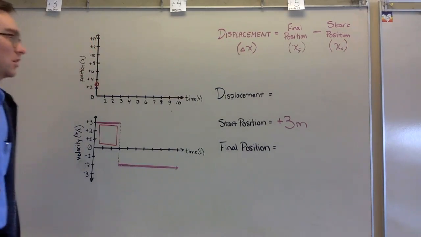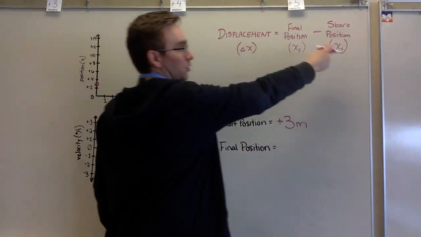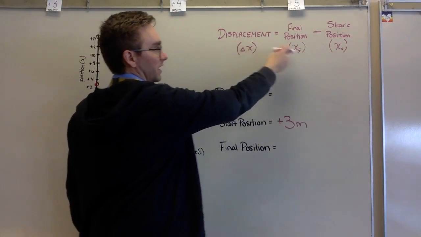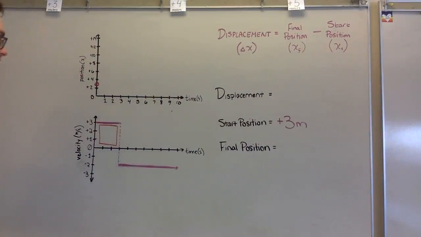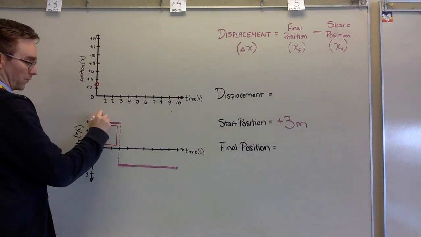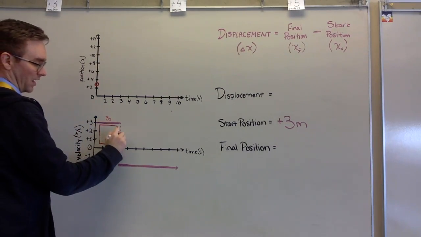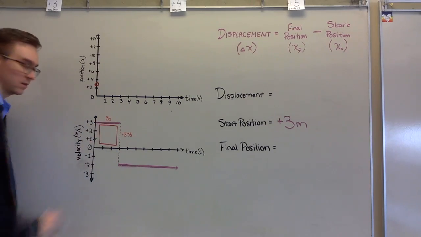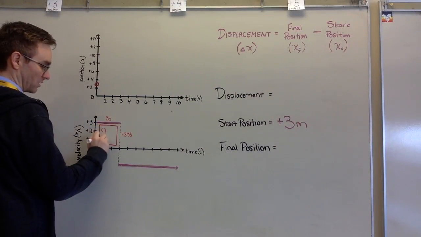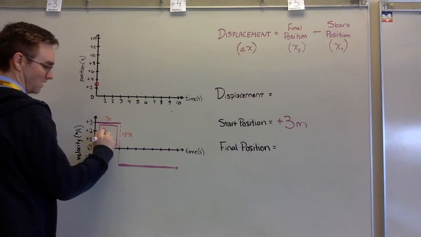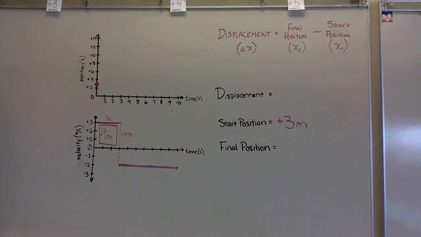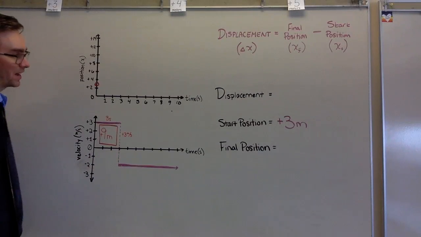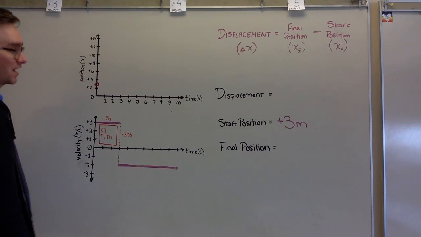All right, it won't tell me where I ended, but if I already know where I started and I find the displacement, I can figure out my final position. So I just told you I went for 3 seconds at positive 3 meters per second. 3 times 3 makes my displacement positive 9 meters.